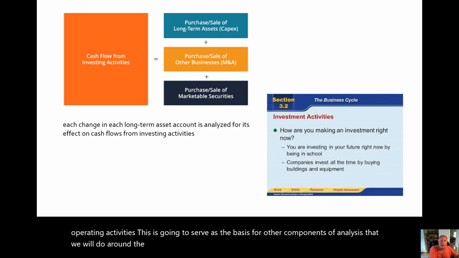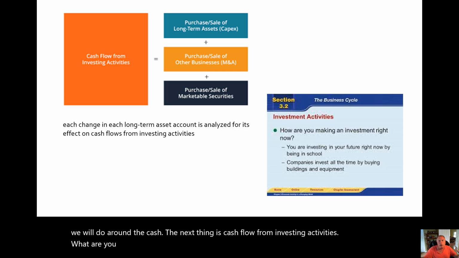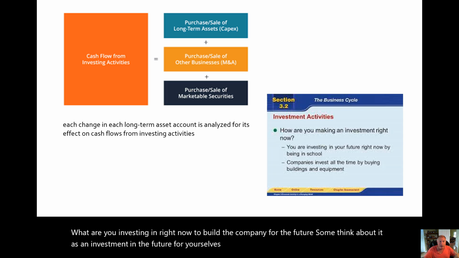The next thing is cash flow from investing activities. What are you investing in right now to build the company for the future? So think about it as an investment in the future. For yourselves, it's education. Your education is an investment in the future.